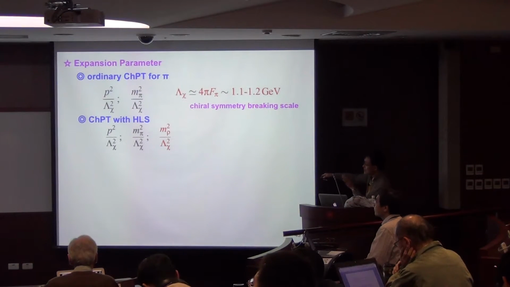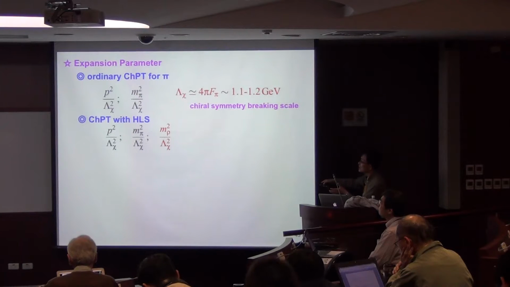The ordinary chiral perturbation theory works up to this energy region, but we know that the rho meson exists, and the chiral perturbation theory breaks down at the rho meson mass scale. But anyway, this is the chiral symmetry breaking scale.